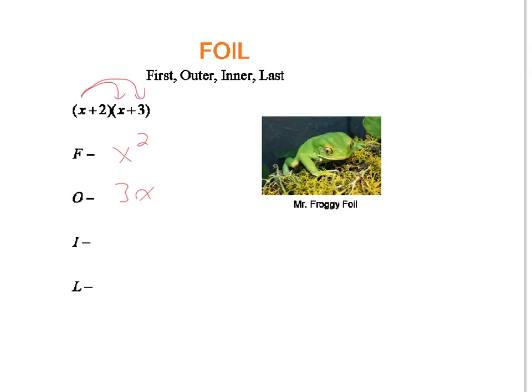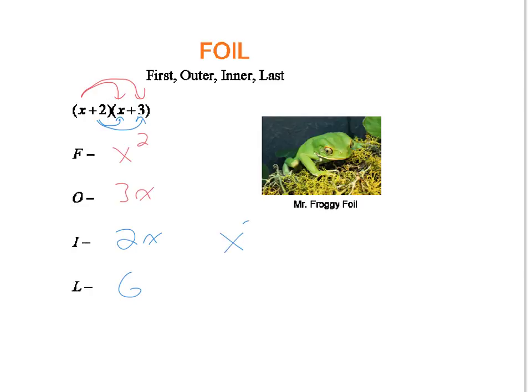I'm then going to multiply the inners, which is 2 times x. Notice these are the inside terms, 2x. And then I'm going to multiply the last terms, which is the 2 and the 3, and 2 times 3 is 6. I'm then going to combine my like terms.